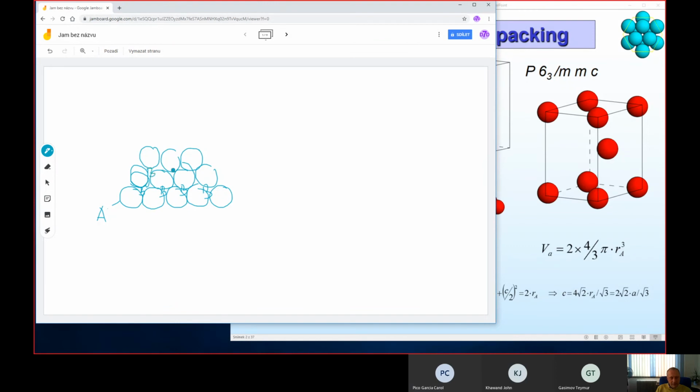So this is also B, B, B. But this position will be denoted as C.